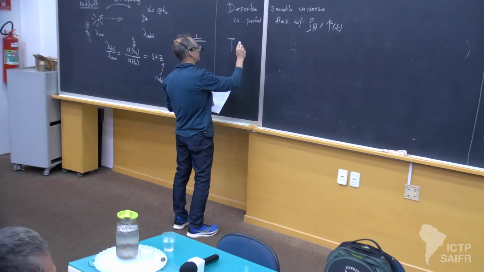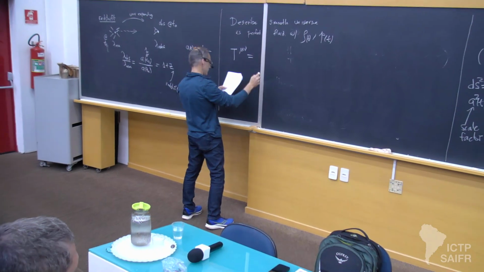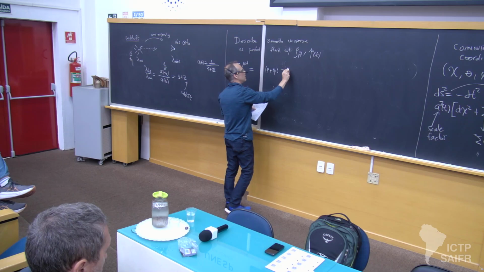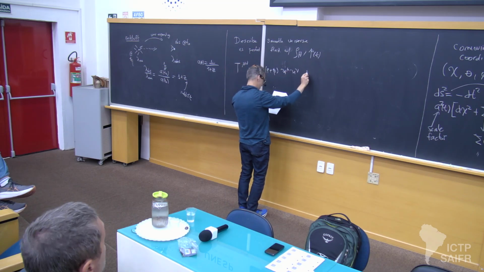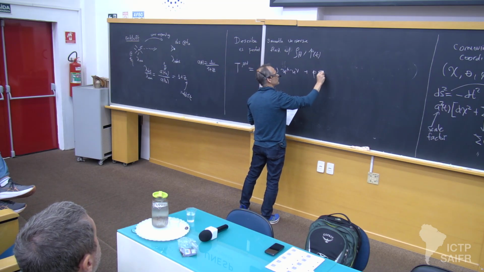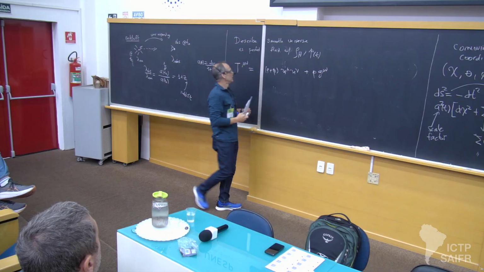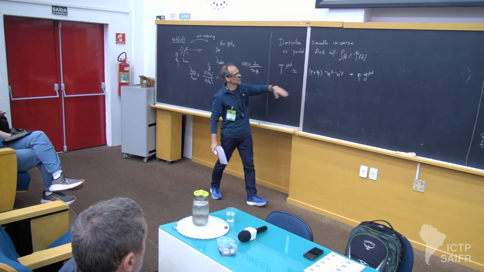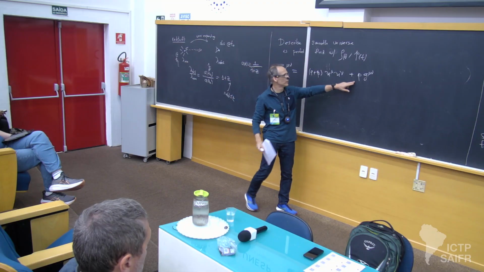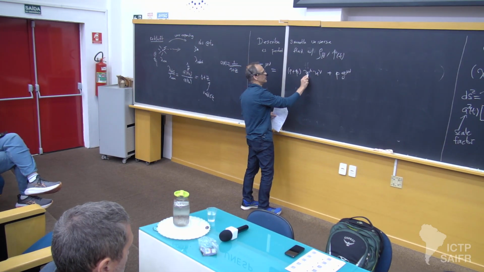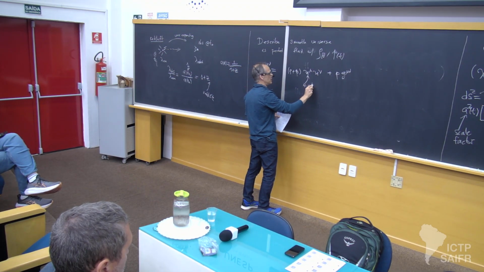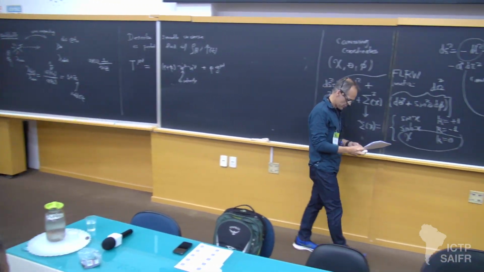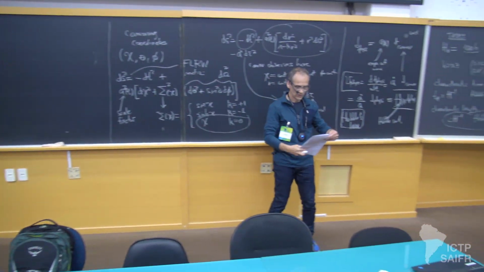We are not going to use this a lot, but just to be complete, you can write the stress-energy-momentum tensor that acts as a source of Einstein's equations in terms of the properties of the fluid and the four-velocity of the fluid.